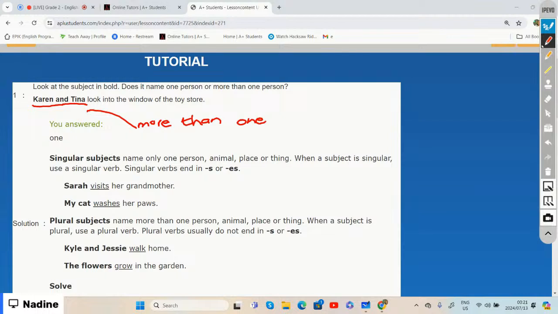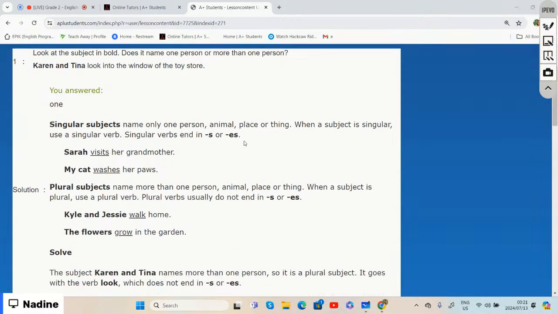So it's two people doing the action. So now the question is, what are those two people doing? They look into the window of a toy store. They are window shopping. All right. So Corin and Tina is more than one.